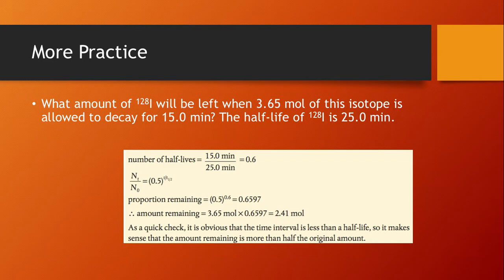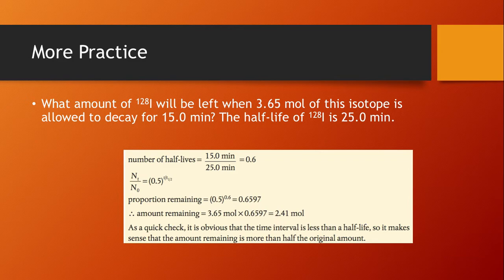We have not yet reached a full half-life, which means our final answer will not have gone down by 1/2 just yet. That is where we compared t divided by t 1/2, the time divided by the half-life.